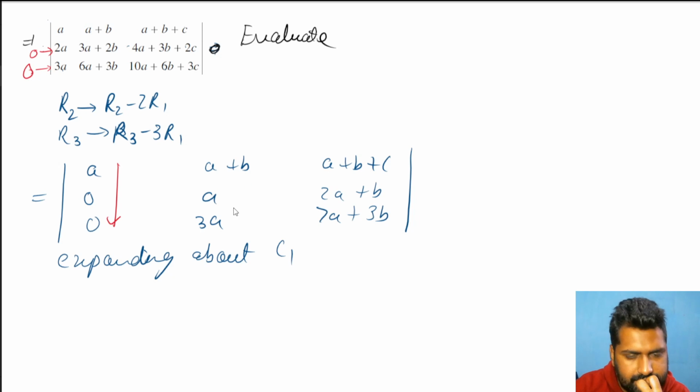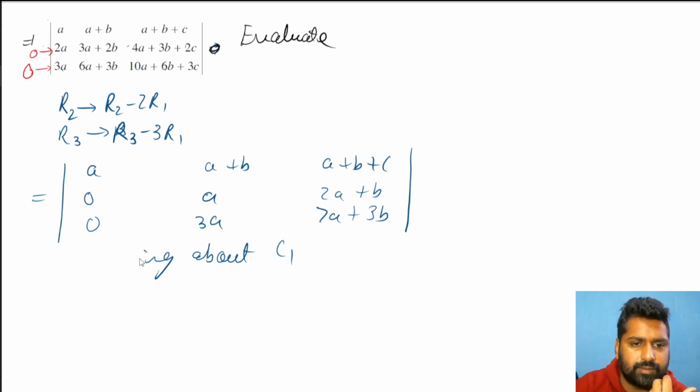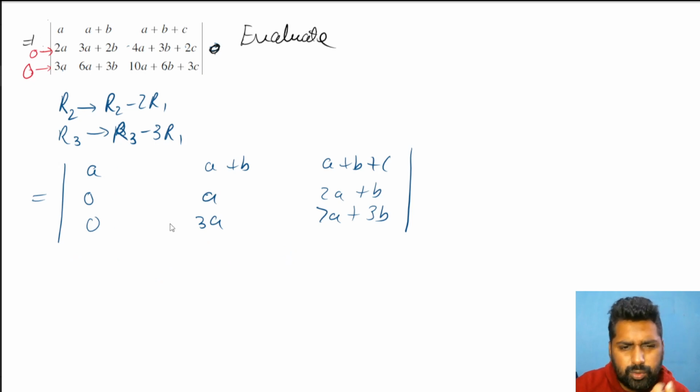Yeah, now it is looking quite symmetrical. 3a minus 2a is a. So a, 3a, 2a plus b, 7a plus 3b. Rather than expanding now, I have one shorter way. I can still generate more zeros. Yes, one option is directly multiplying them and solving it, and of course that can be done.